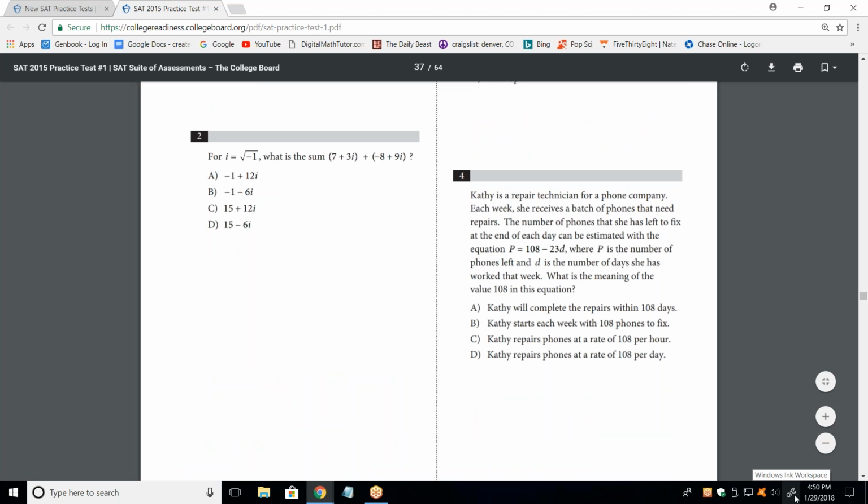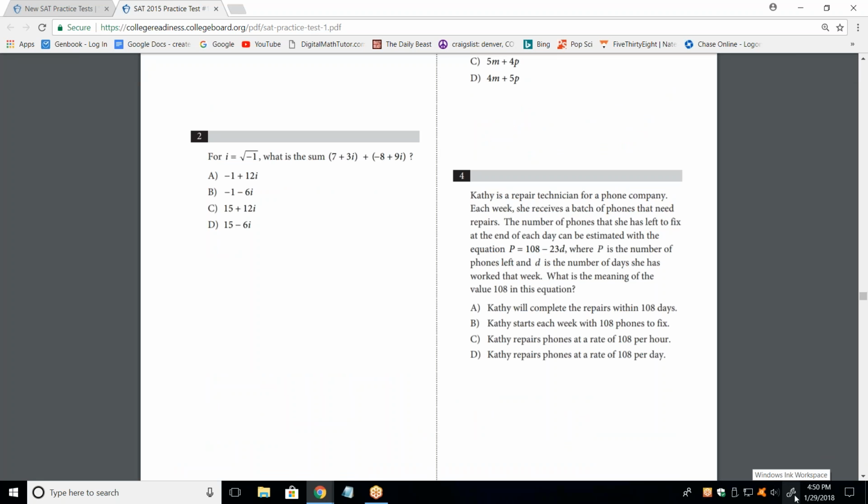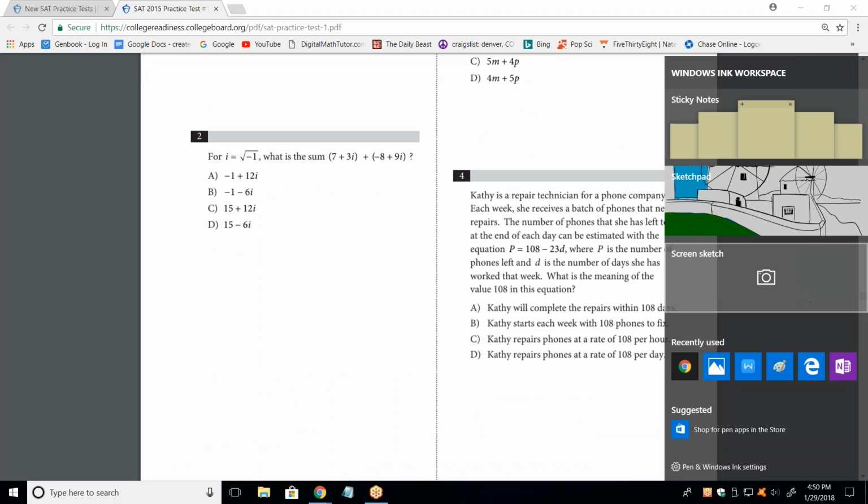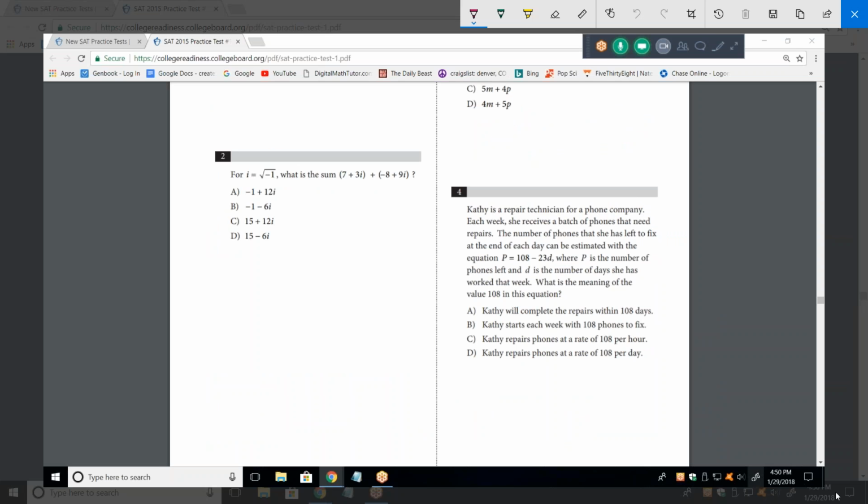Go ahead and read 4. Wait, hold on. Now, even though this has a lot of sentences in it, it's actually pretty easy. You just have to comprehend what you're reading.